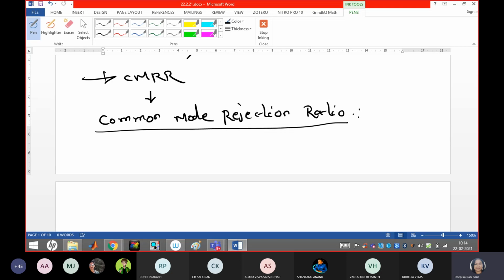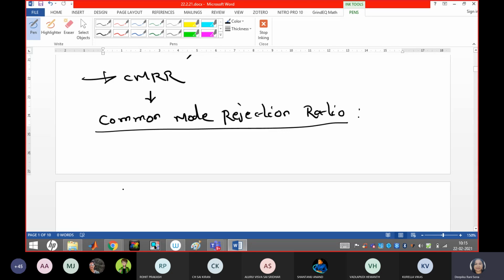That noise or disturbing signal must be rejected, or I can say we have to isolate the required input signal. So the ability of the differential amplifier to reject a common mode signal is expressed by a ratio called the common mode rejection ratio.